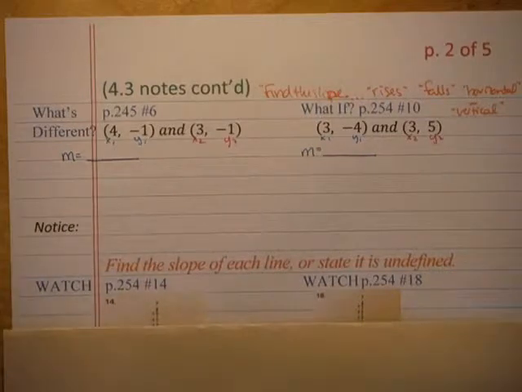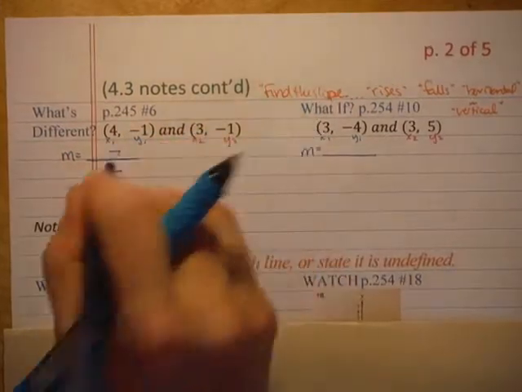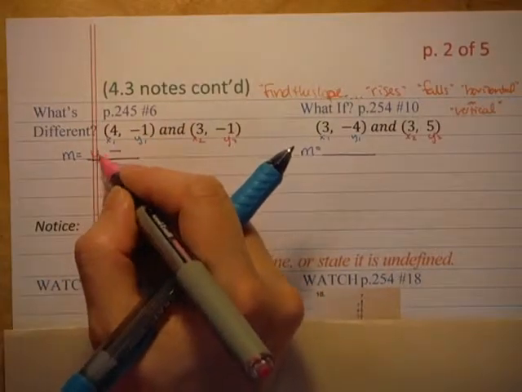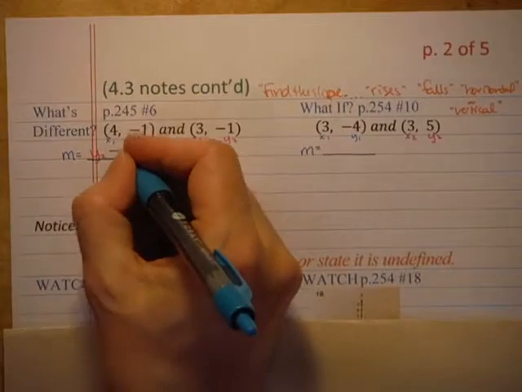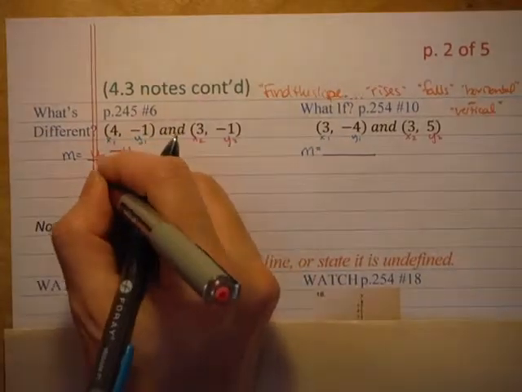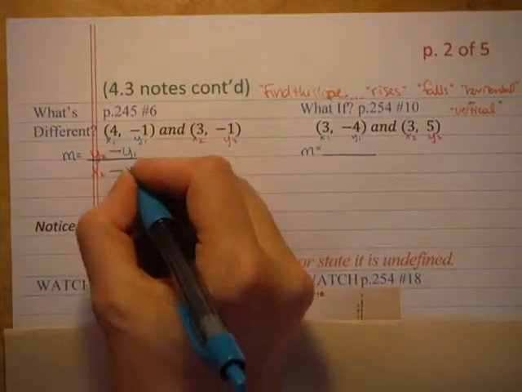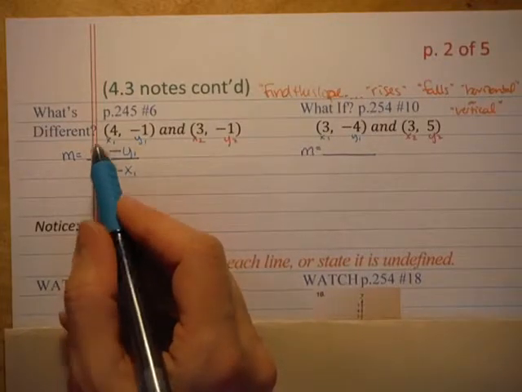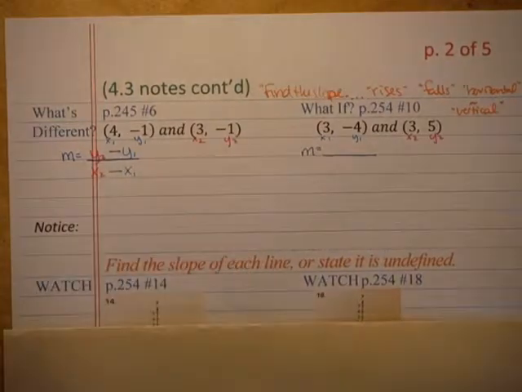In fact, I think I'll shake things up a little bit. I know I'm going to be subtracting these two coordinates. I'm going to do the reverse here. I'm going to do y2 minus y1 over x2 minus x1. Okay, because it's not going to matter as long as I line up the coordinates from the same point in either the first or the second spot.